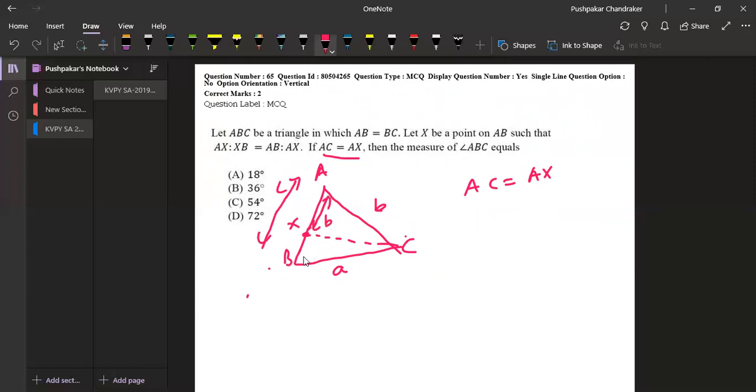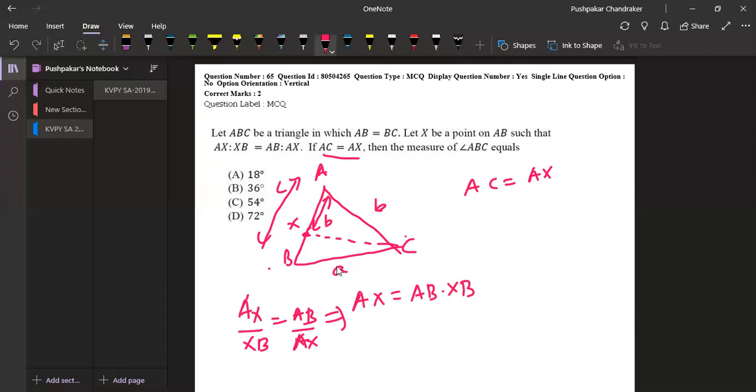Now further they are given AX by XB equals AB by AX. Do cross multiplication. You get AX squared equals AB times XB. What is AX?